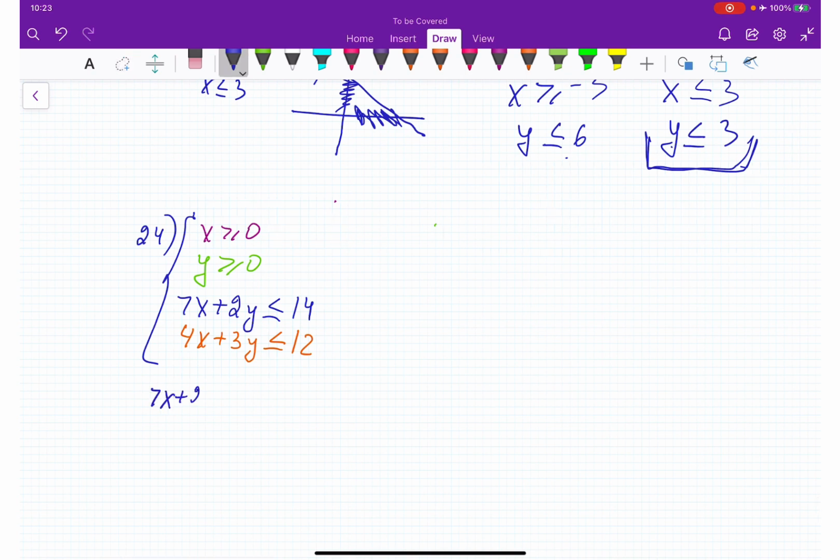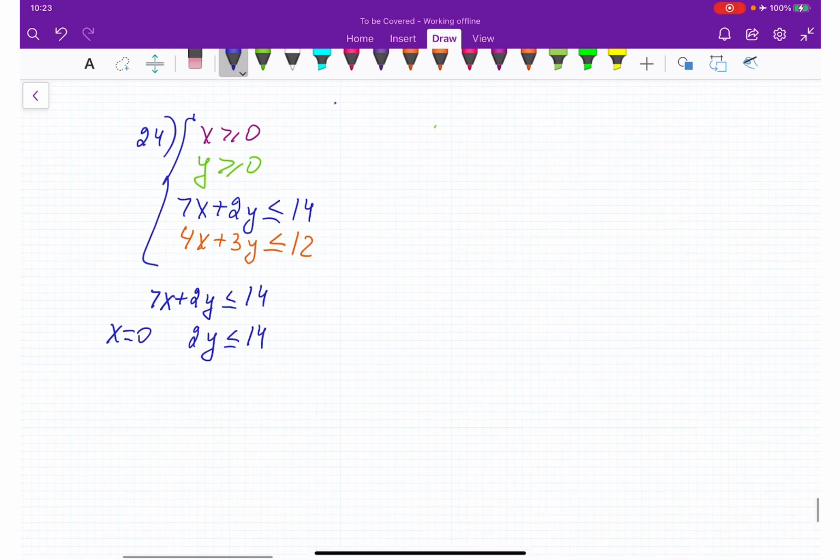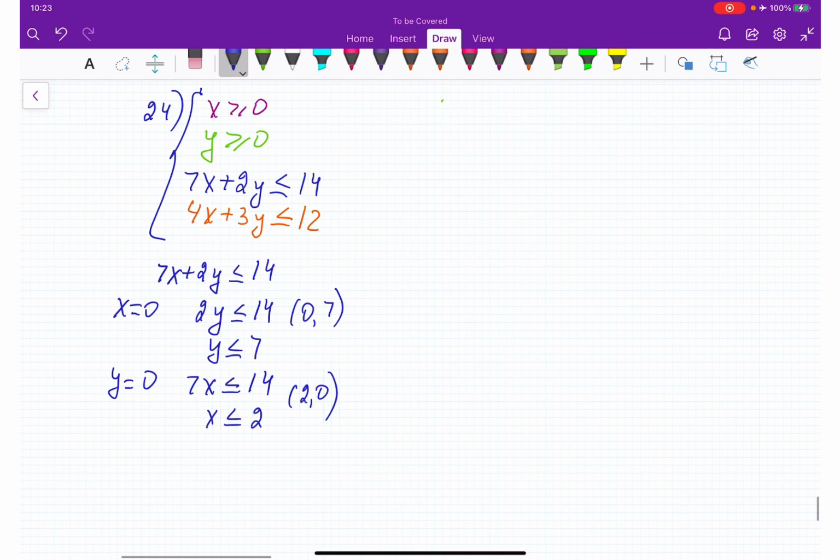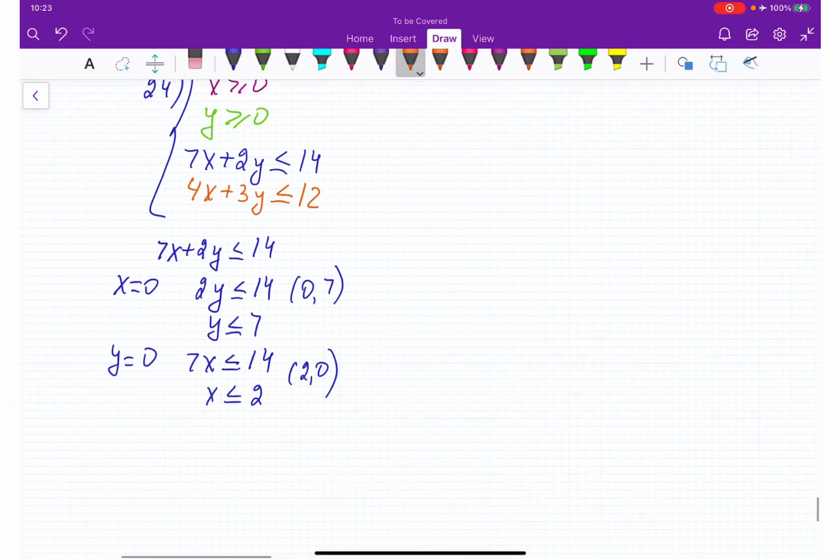7x plus 2y less than or equal to 14. So x is equal to 0, 2y less than or equal to 14, y less than or equal to 7. Y is equal to 0, 7x less than or equal to 14, x less than or equal to 2. We got 2 and 0. And lastly, let's do the brown one.